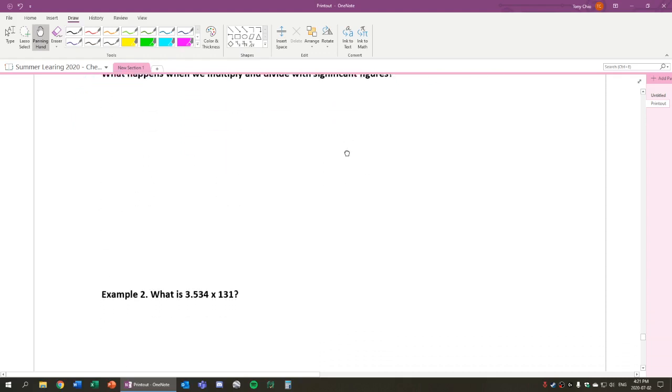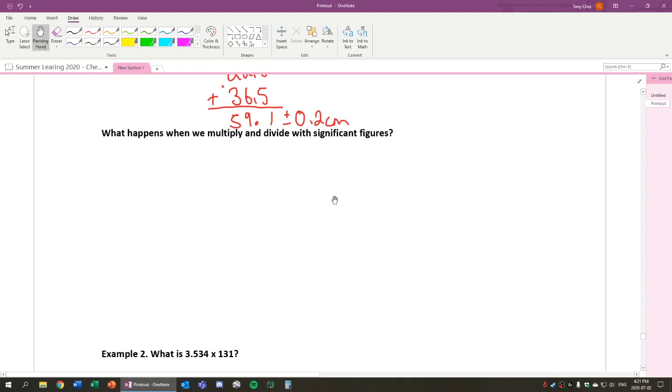Okay, how does this relate to significant figures? Well, what you're dealing with here are values based on precision and accuracy, and significant figures are values that we can trust. So we're going to deal with two different ways with significant figures. One is multiply and divide, the other one is add and subtract.